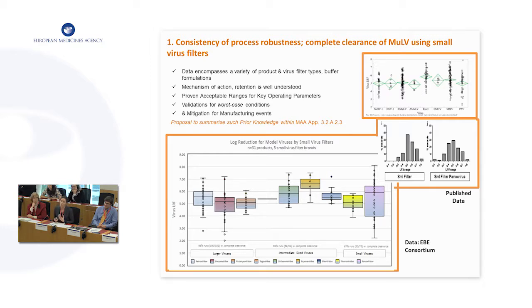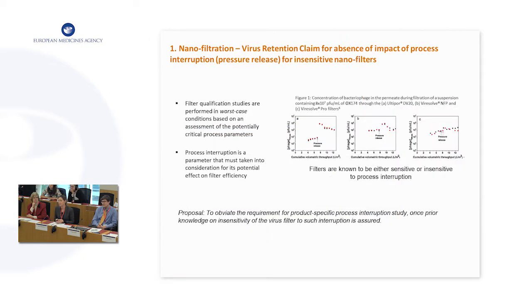And again, what we see is the log reduction factors and the robustness of retention for larger viruses in comparison to smaller viruses is reiterated here within this consortium set of data, therefore reiterating the fact that small viruses are indeed a worst case challenge.